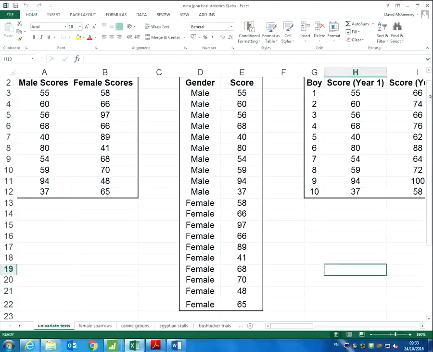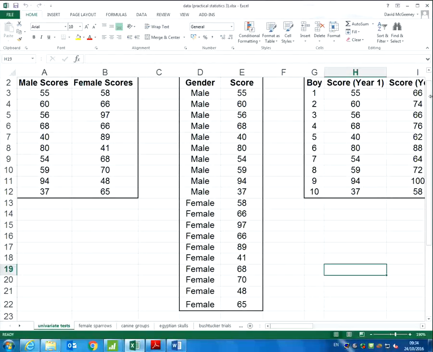If these are the only 20 children you're interested in, what could we do? We could just work out the means of each column, and that's all you'd have to do. But if you're interested in making a comparison between boys and girls generally and their abilities in maths, then you need the correct statistical test.